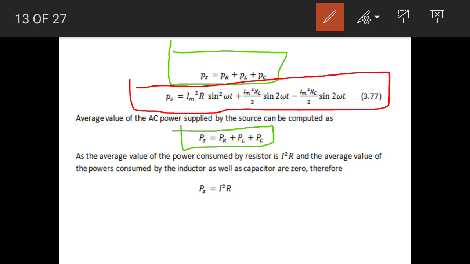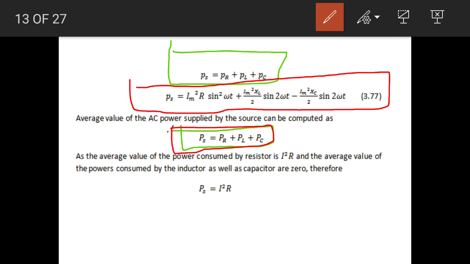So you can calculate the total power supplied by the source with the help of equation number 3.77. We consider the average powers. So the average power supplied by the source will be equal to the average power taken by the entire circuit, and the average power taken by the entire circuit will be equal to PR plus PL plus PC.